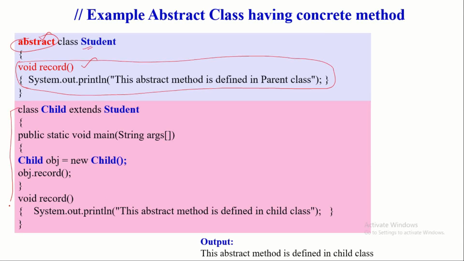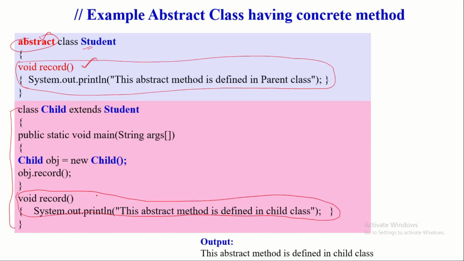If we observe the derived class, you can see it once again redefined the concrete method which is defined inside the base class that is declared as abstract. So the child class may redefine or may not redefine.